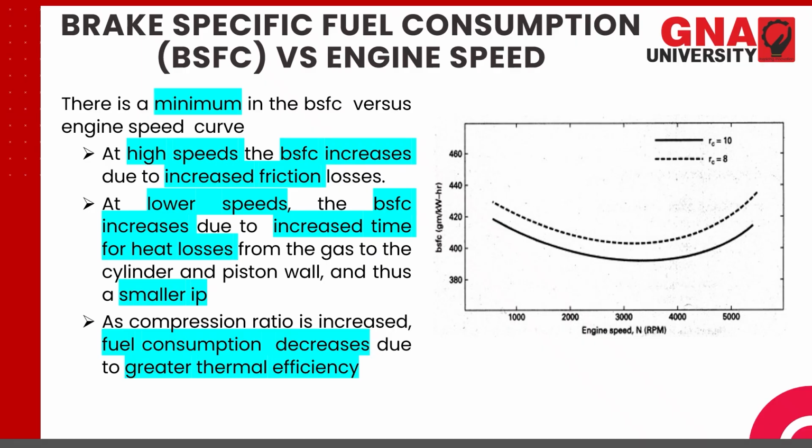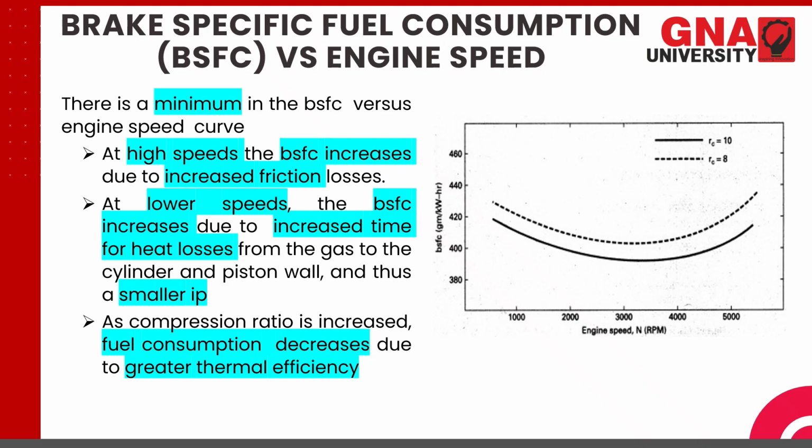Now you might have seen on the speedometer of your bike or car, there is an economy range in which if we run the engine, we will get the maximum mileage. So here that thing is clarified.